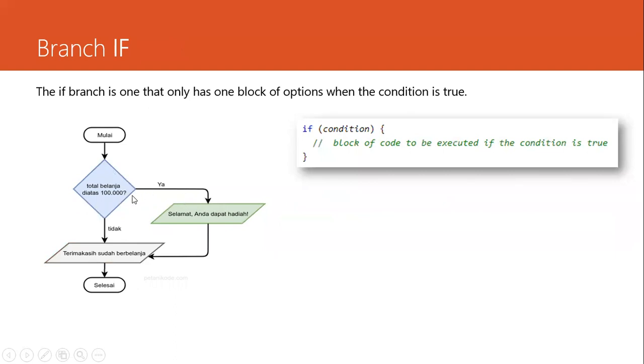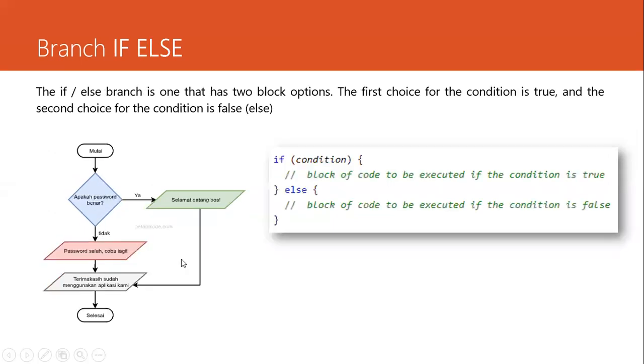In if, after we choose no, we directly execute the next code of the program. But in if else, we execute another code of the program, and after that we can run this next code.